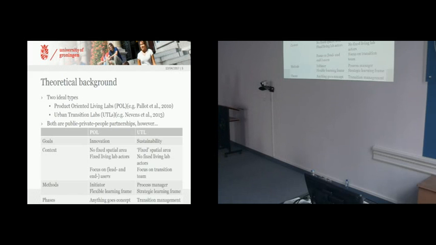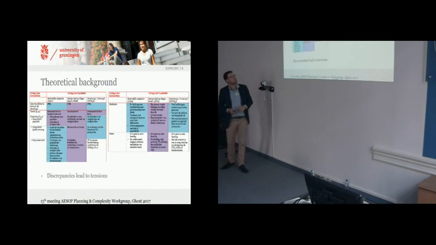And the strategic learning is, okay, I still don't really agree with you, but at least we know each other now and have a basis to work together on. So this is important because the UTLs are focused towards sustainability. That's their prime goal. And since they are focused on sustainability, it's okay to make steps, right? It's a strategic niche. Whereas in the POLs, they are more focused on cognitive learning. They need a flexible learning frame to get there, but they are more focused on this cognitive learning.